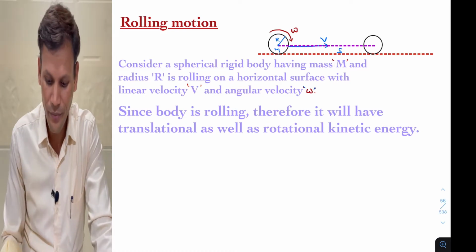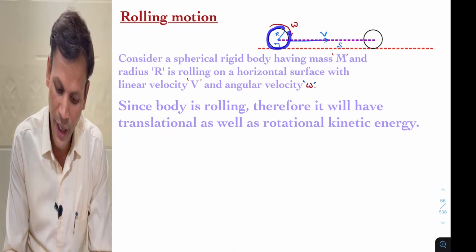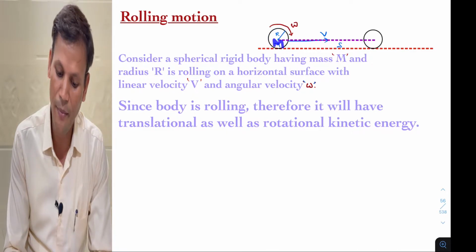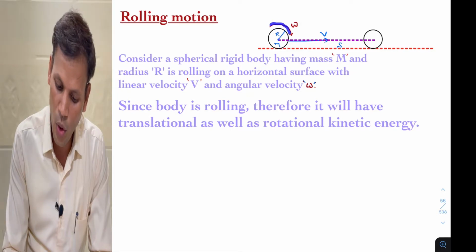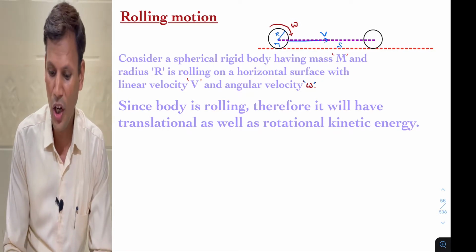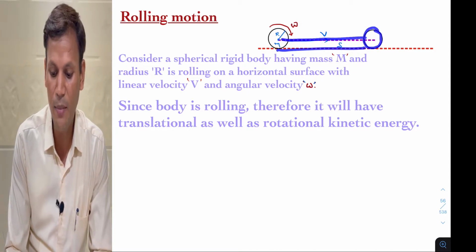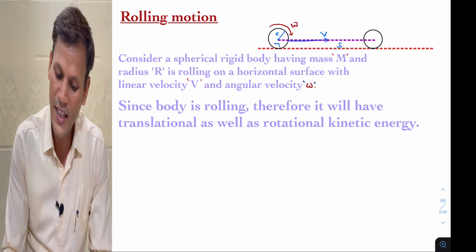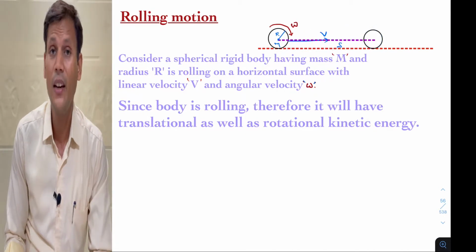So in rolling motion, first of all we will derive the expression for total kinetic energy of a rolling body. This is any body whose mass is capital M and radius is capital R, that is rolling with angular velocity omega on a horizontal surface. It reaches here, attains some distance s and is moving with linear velocity v.